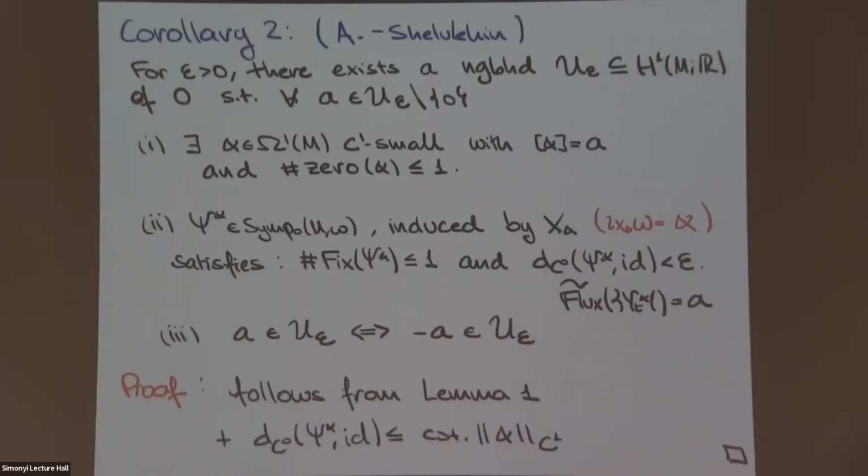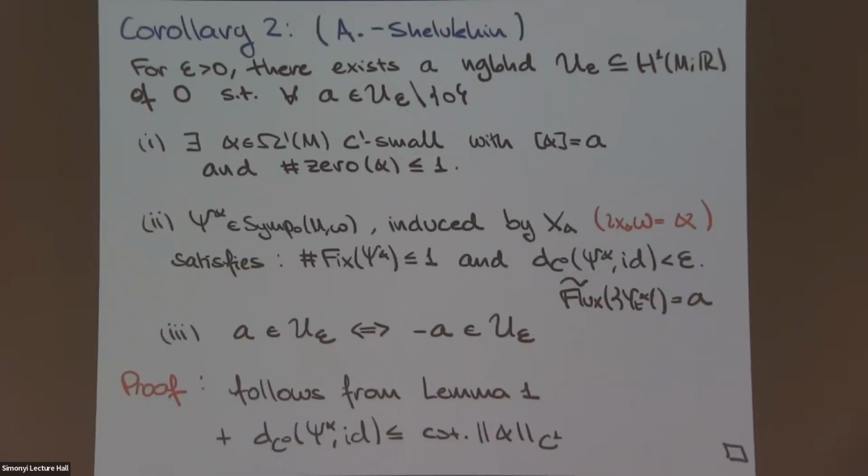Basically we have this corollary, which states that for any epsilon, we can find a sufficiently small neighborhood of the origin in the first cohomology group, for which every non-trivial class not only will have this special representative with at most one zero, but the symplectic isotopy that it induces via this equation here is going to have its time one map's fixed points correspond to the zeros of the one form. So it's going to have at most one fixed point.